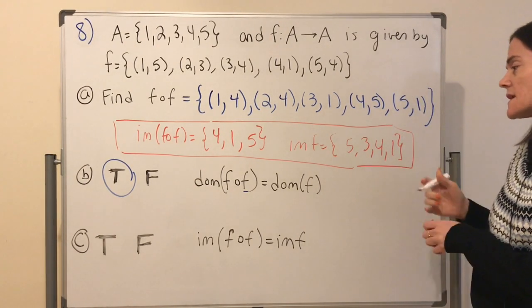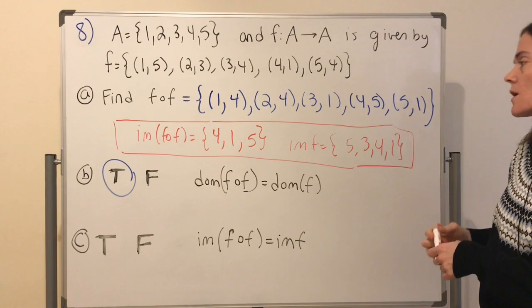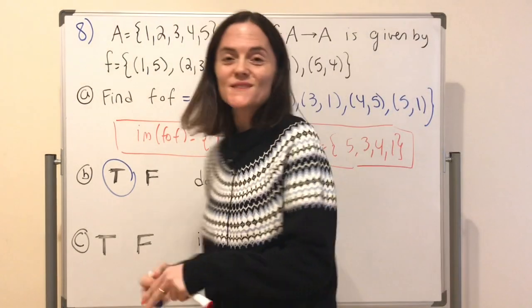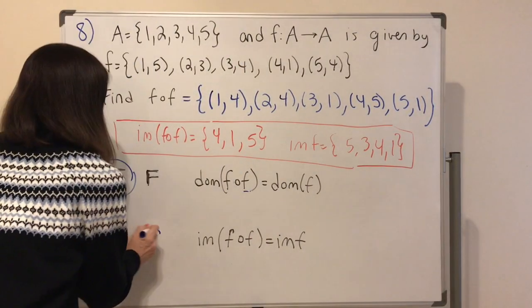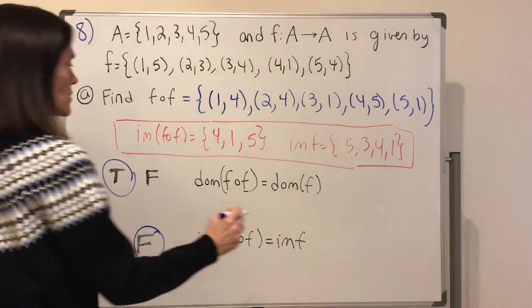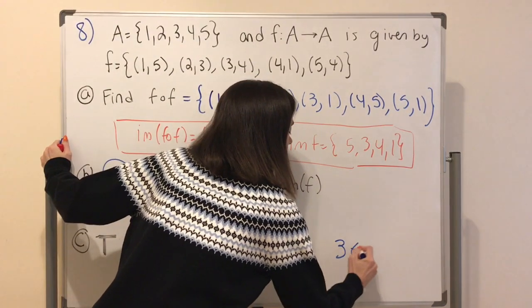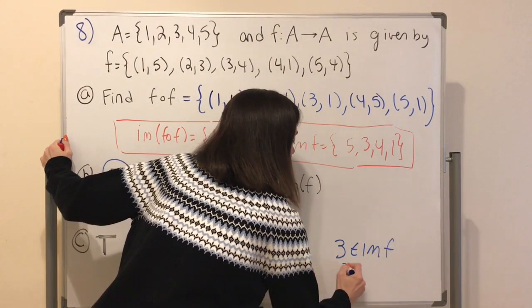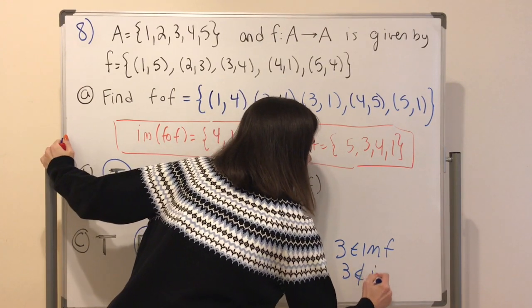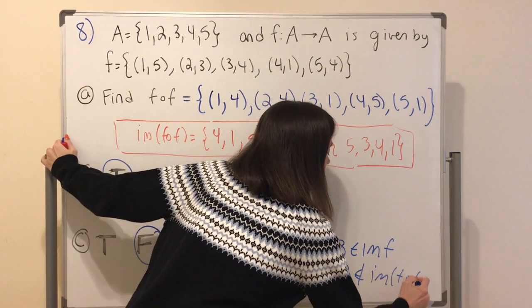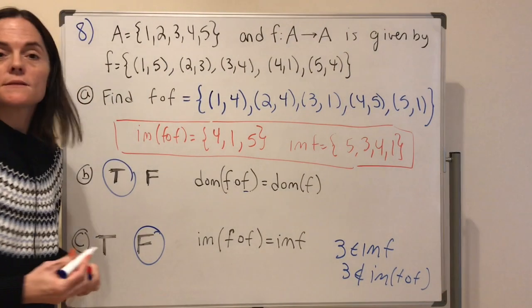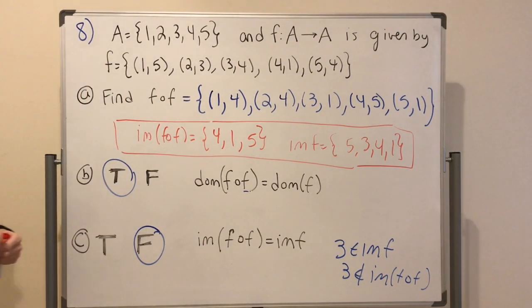Okay, so we see the answer here. These two are not equal. The answer is false. And the reason is, let's see, 3 is in the image of f, but 3 is not in the image of f compose f. And so the two sets are not equal. We also see them here.